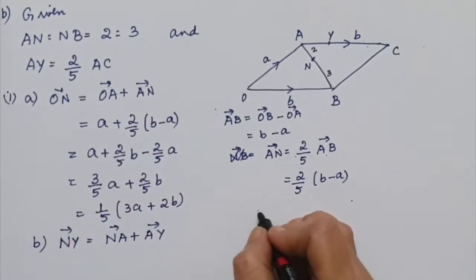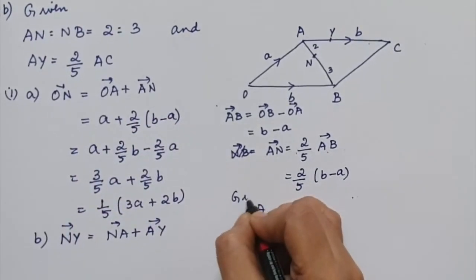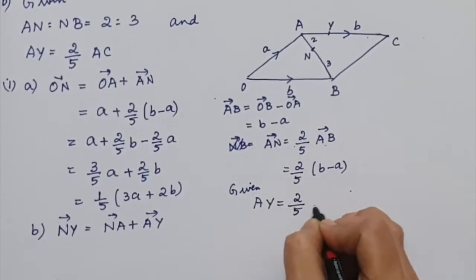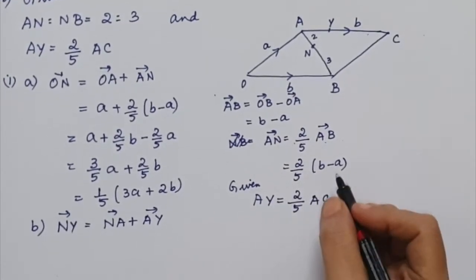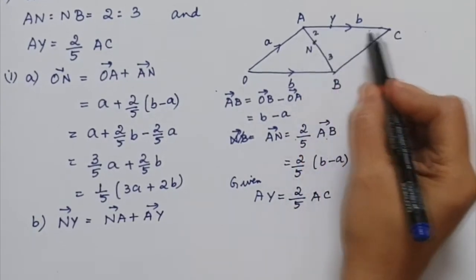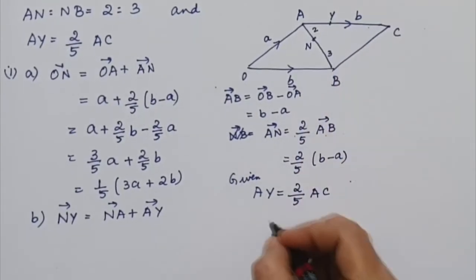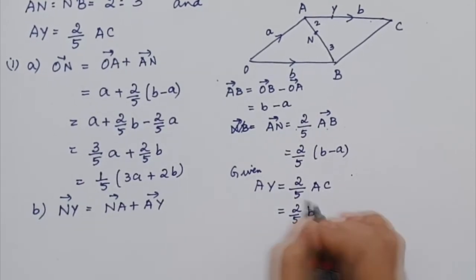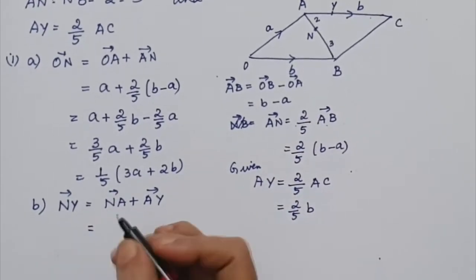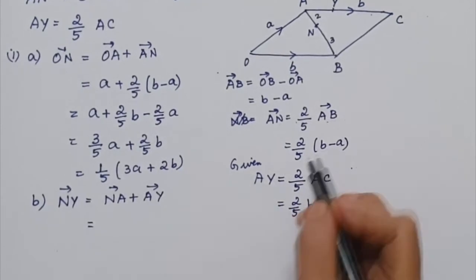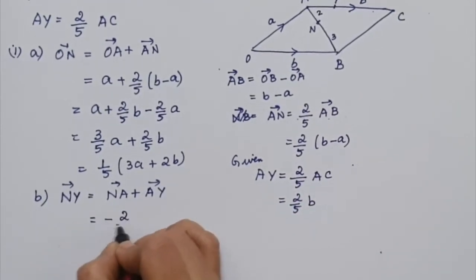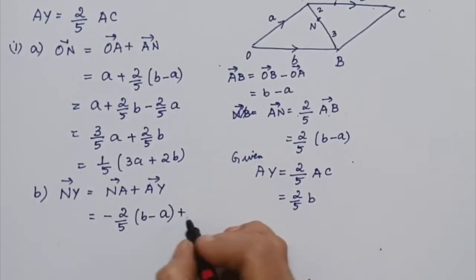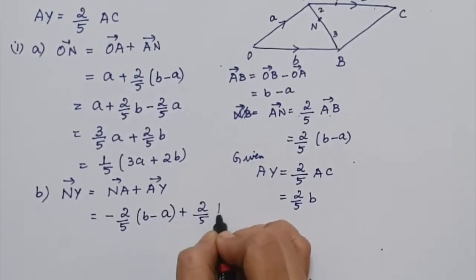For finding AY, it is given as AY will be equal to 2 by 5 of AC. Now our AC is B. So it will be equal to 2 by 5 B. So we'll substitute all these values. Our AN is this. So NA will be minus 2 by 5 of B minus A, plus our AY is 2 by 5 B.